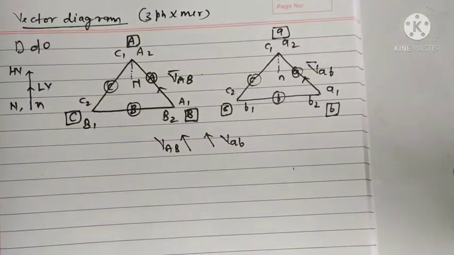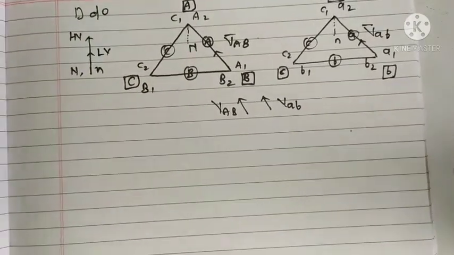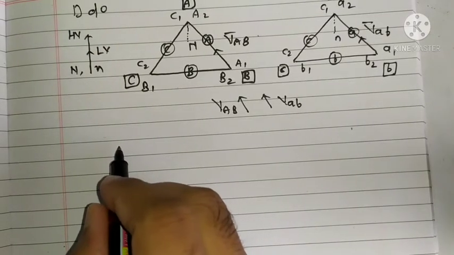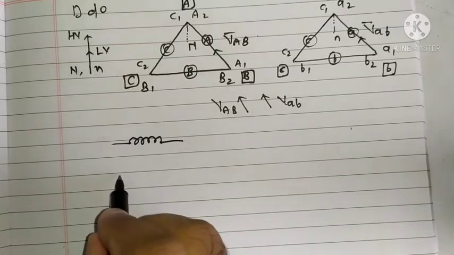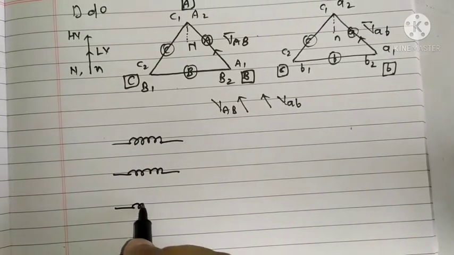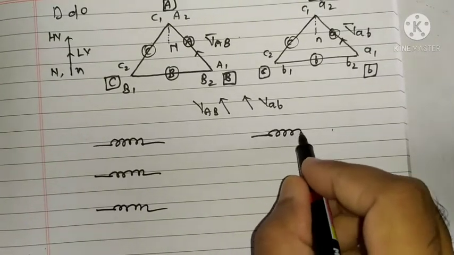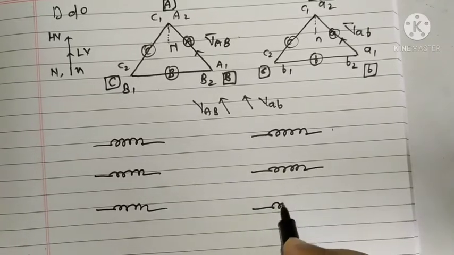So phase difference between them is 0 degree. And the winding diagram or winding connection will be: I have three windings on primary, three windings on secondary.